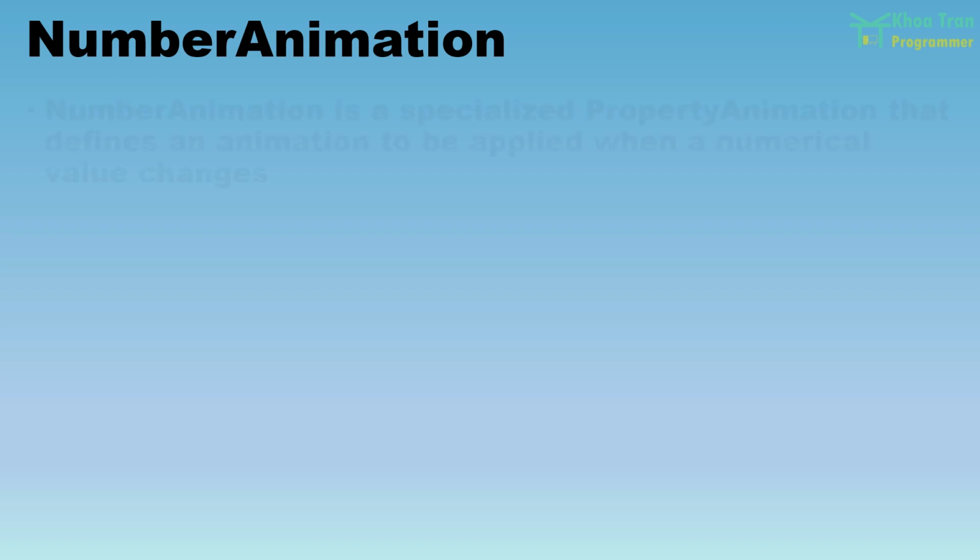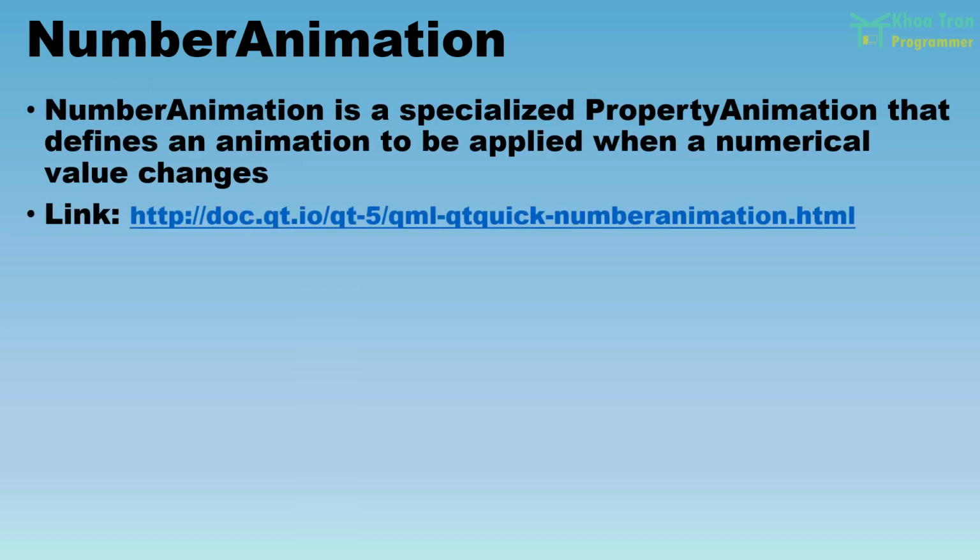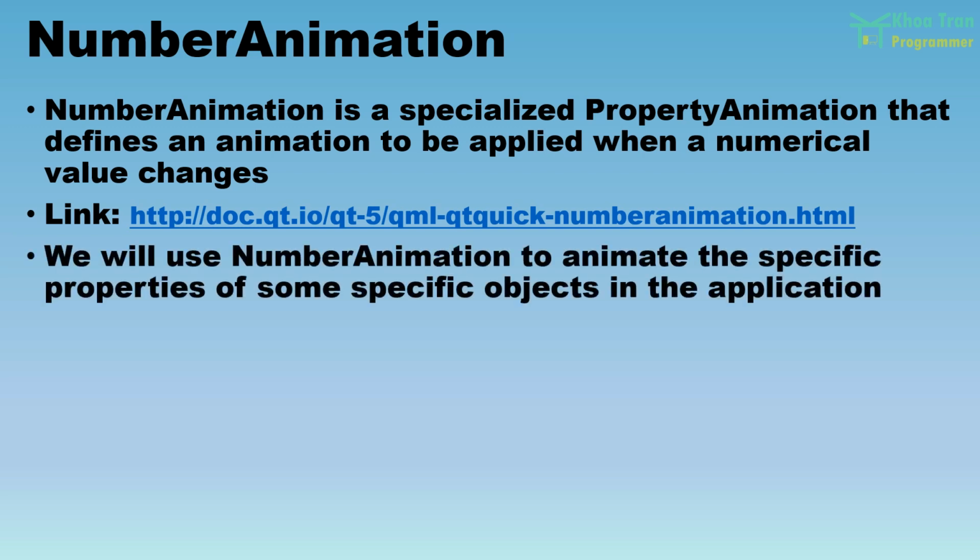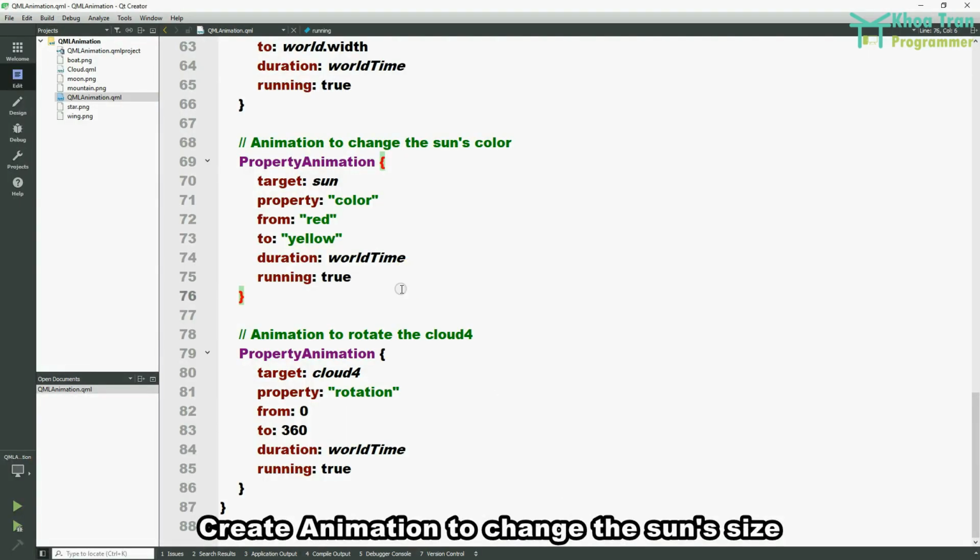NumberAnimation. NumberAnimation is a specialized property animation that defines an animation to be applied when a numerical value changes. We will use NumberAnimation to animate specific properties of some specific objects in the application. Create animation to change the sun size.